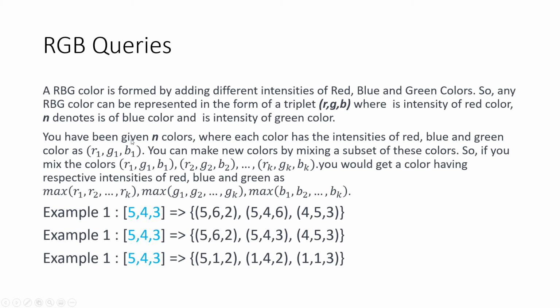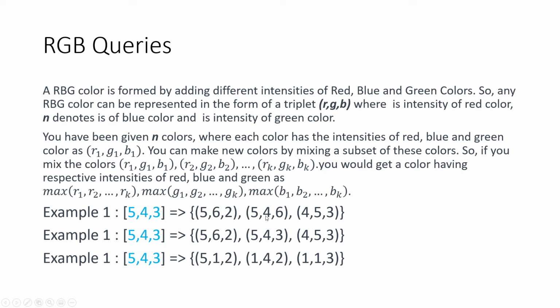We create 3 maps, one for red, one for green and one for blue. In the red map we store the colors against the red number. So we get 2 map entries, for 5 and 4. Against 5 we have 2 elements in the list, and against 4 we have only 1 element.